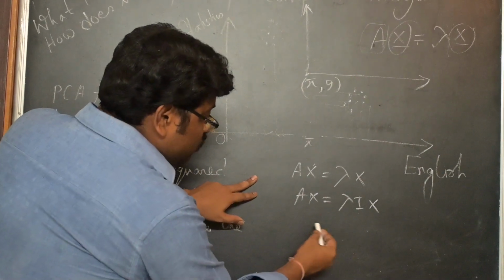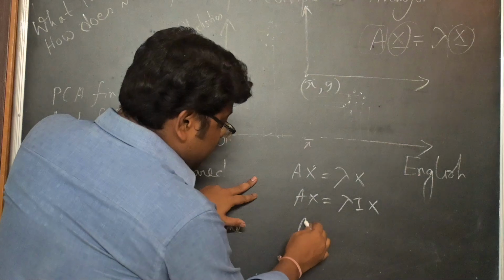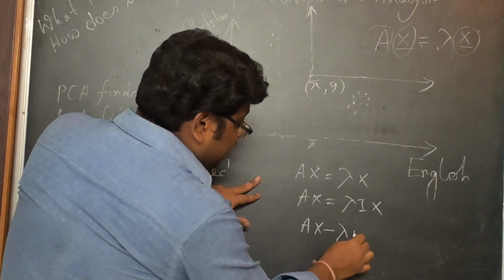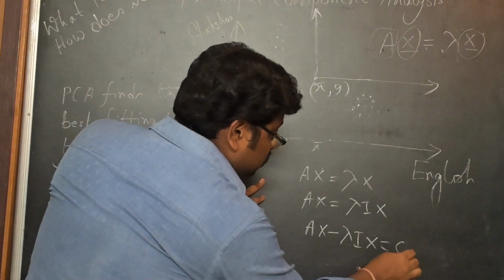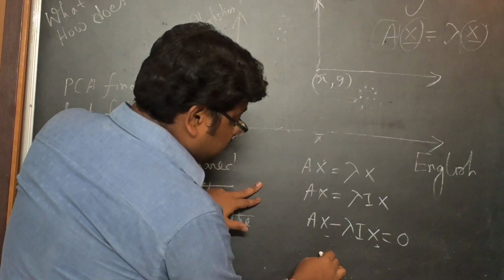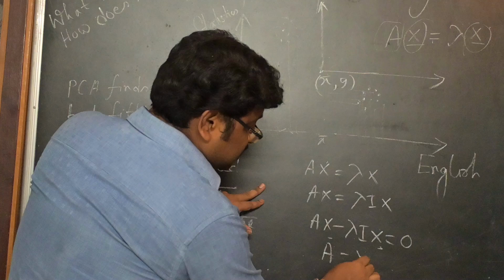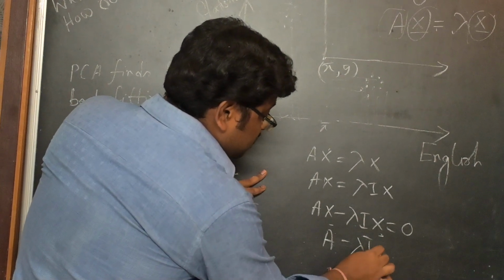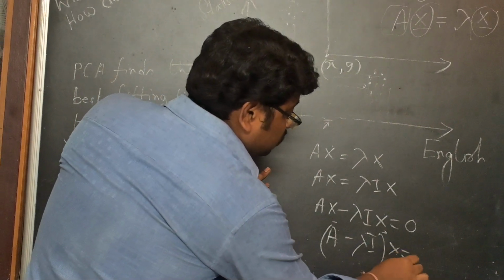So again we can write Ax minus lambda I x equal to 0. Taking x common, A minus lambda I times x equal to 0.